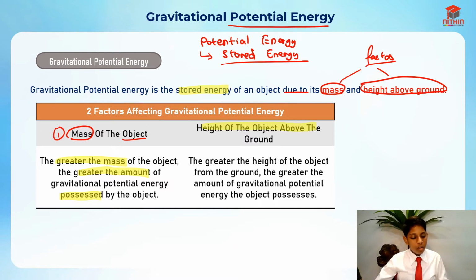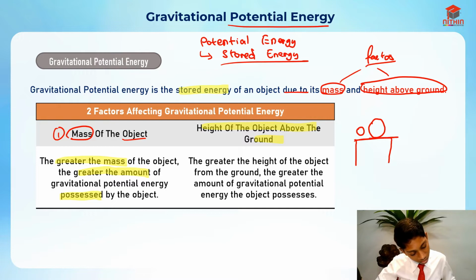Next, the height of the object above the ground. Many students actually get confused over here. Say I have one small ball and one big ball on a table, and this is ground level over here.